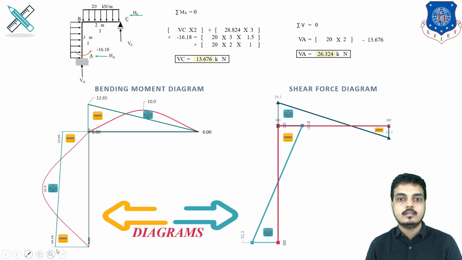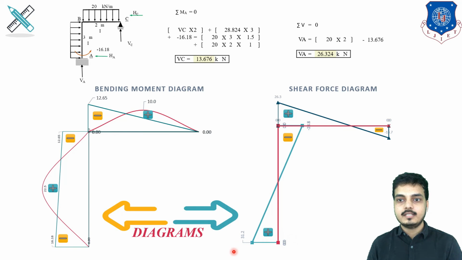Positive 12.67 and negative 16.65. Connecting it, I will get my end moments for the AB span. Now for the BC span, stand over here only, and for the left side it is negative 12.65 up, and at D it is 0. This is my center span moment, so UDL is also a curve.